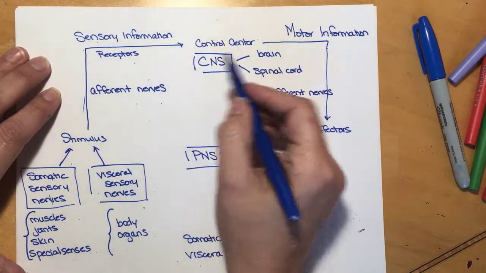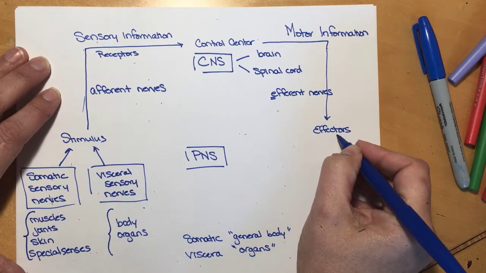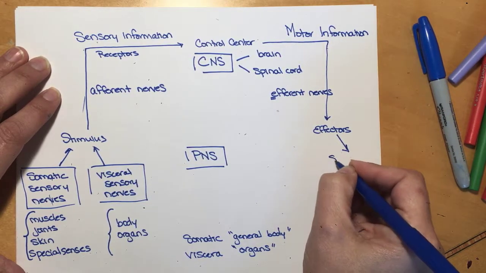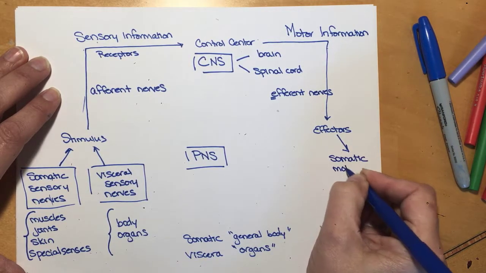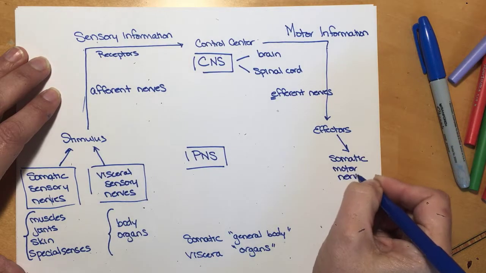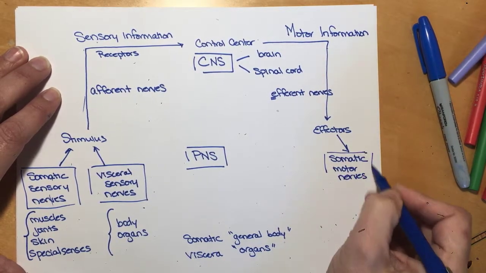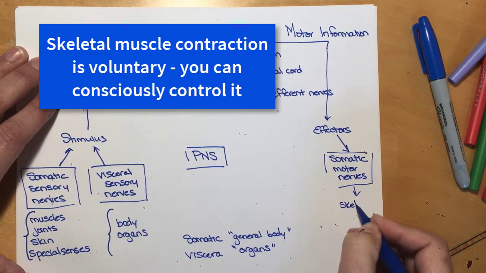So the control center could make the decision to move the body in some way. That's going to be your somatic motor nerves. And remember what somatic means, general body. So your somatic motor nerves are basically causing skeletal muscle contraction.